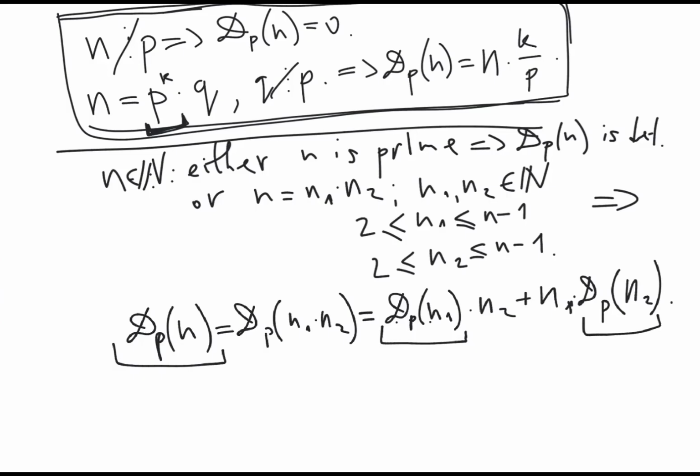For n1 and n2 we again apply the same argument: either it is prime or it is expressed as a product of two smaller numbers. Continuing like this, we eventually would arrive at a number.